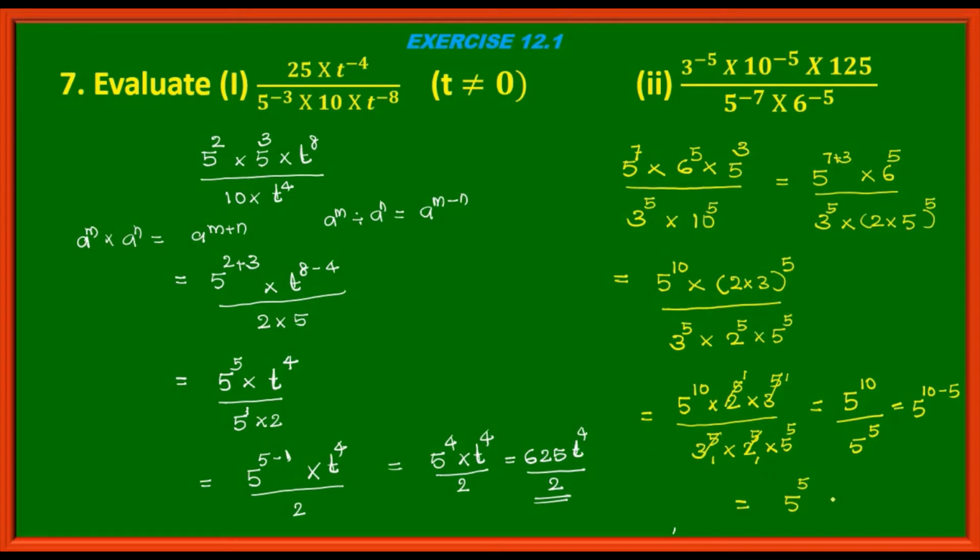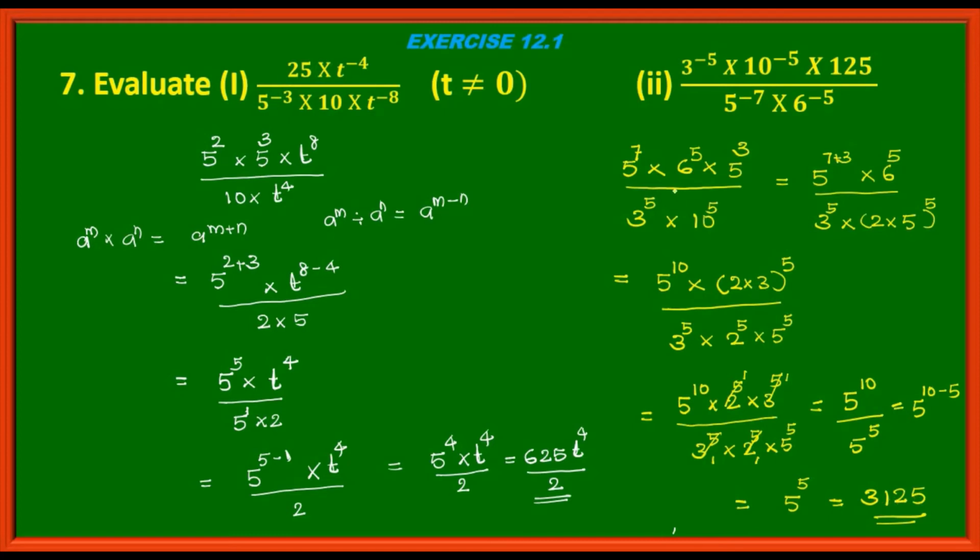Evaluate. We have to find the value of 5 raised to 5. It becomes 3125. 5 raised to 5 is 5 multiplied 5 times. So the answer comes 3125.